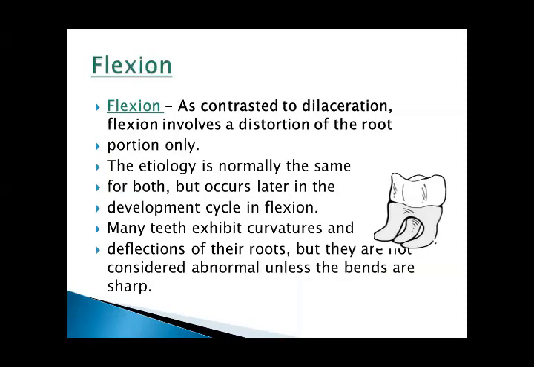Flexion, in contrast to dilaceration, involves a deflection of the root portion only. The etiology is normally the same for both, but occurs later in the development cycle in flexion. Many teeth exhibit curvatures and deflections of their roots, but they are not considered abnormal unless the bends are sharp.